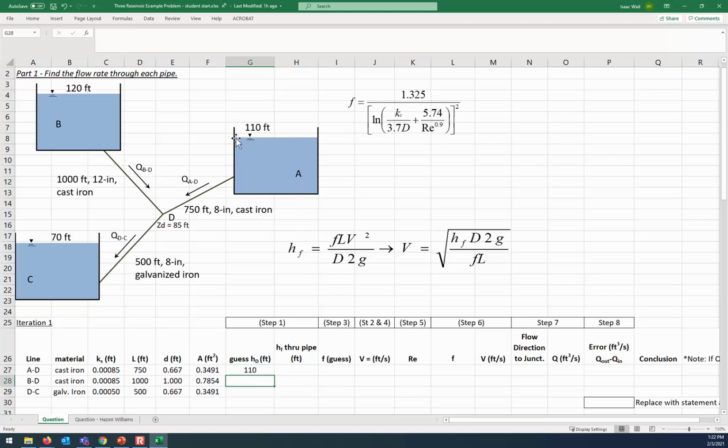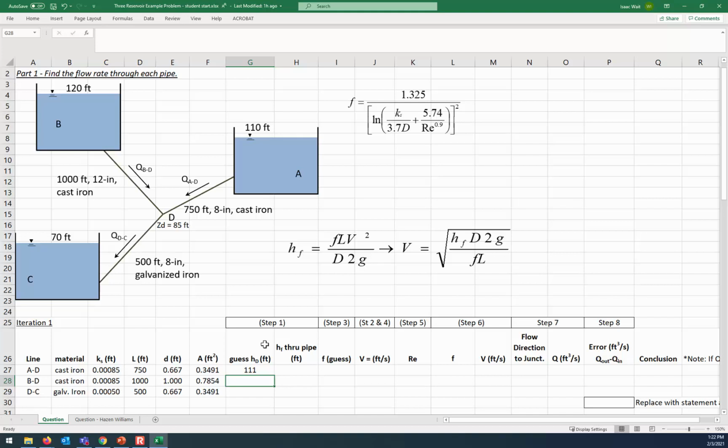What I said earlier was that you can, as a middle guess, just as a starting guess of the head at D, assume it's the same as the water surface elevation at A. So 110 feet is going to be our, all right, Jeremy convinced me. I'm going to be a rebel. 111 feet. All right, we're going to guess that there's 111 feet of head at D.